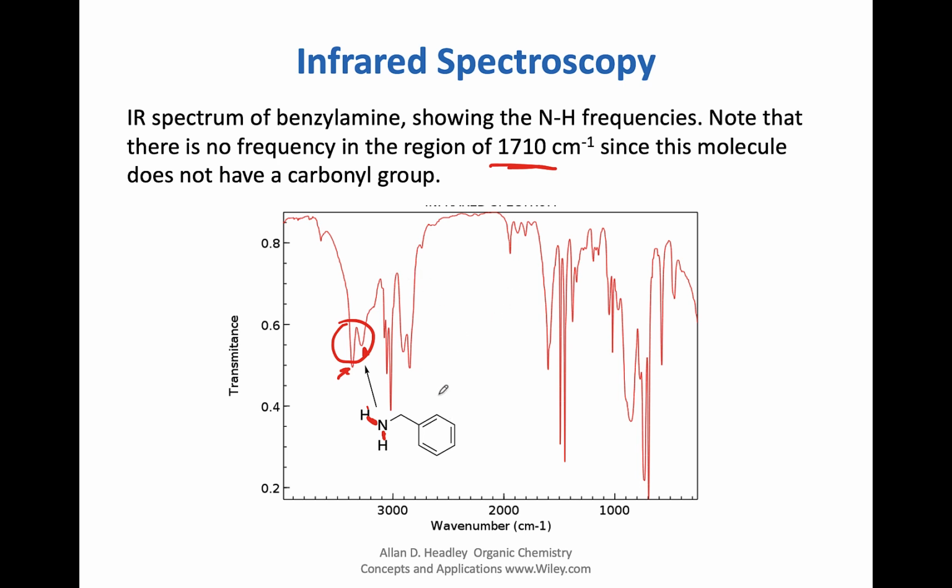So again, if this were an unknown compound, since there's no band at 1700, but there's one in this region, it's a strong indication that it's not a carboxylic acid, as we have seen before, but an amine. Notice for the infrared spectroscopy and for the UV-vis spectroscopy, we're getting bits and pieces of information about the molecule. Eventually, we'll put it together to determine the structure of the unknown molecule.